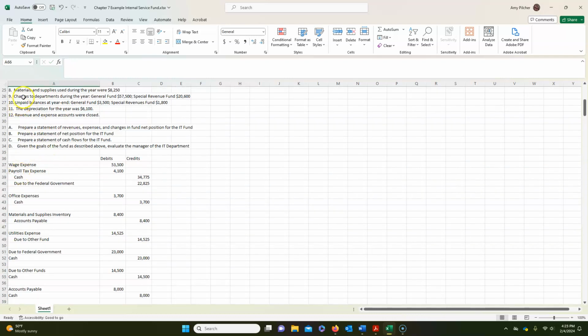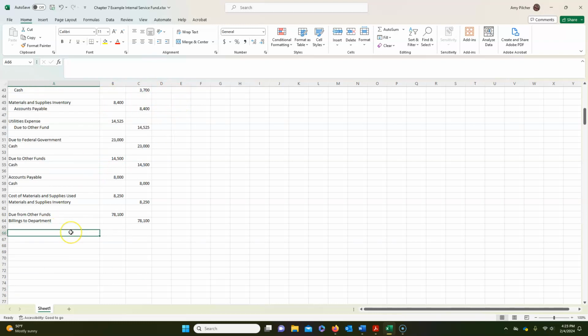Next, we receive cash. So we have unpaid balances at the year end of the general fund, $3,500, and special revenues fund, $1,800. So we received the remaining in cash. And so we are going to record that we received cash. And that was due from other funds.